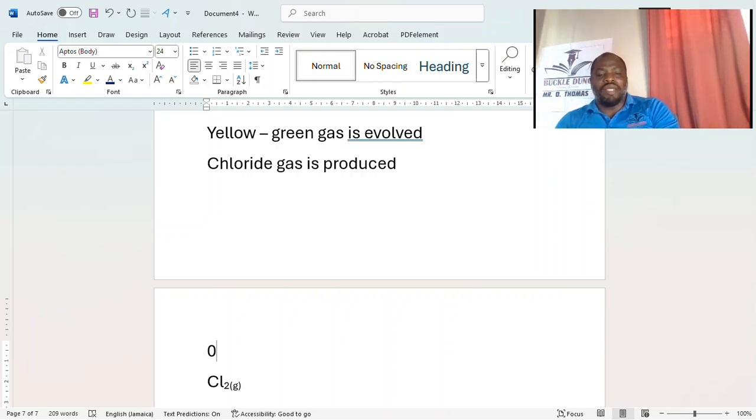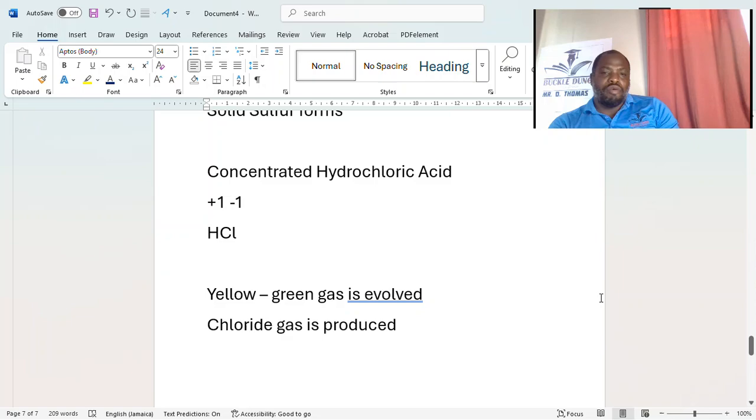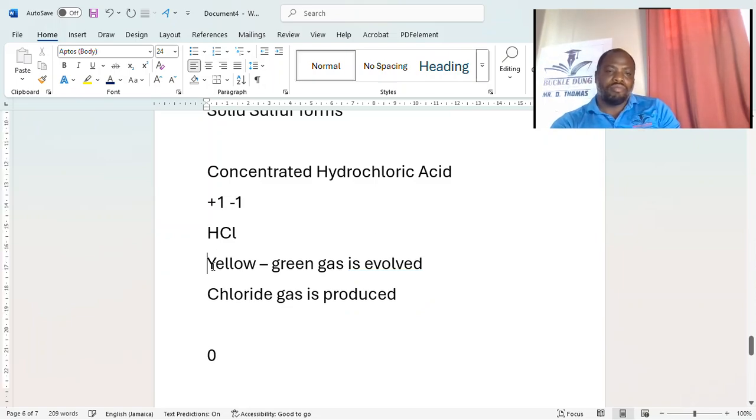So it's moving from negative one to zero. The oxidation number would be increasing. We know oxidation is occurring. So it lost an electron.